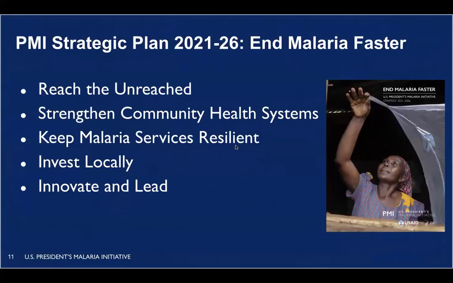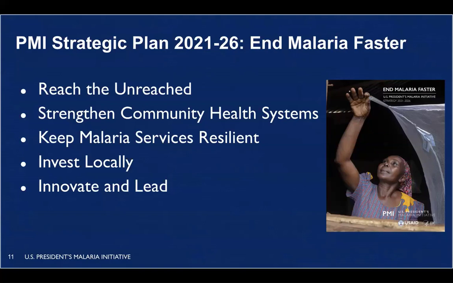PMI has recently released our strategic plan for 2021 to 2026. Key overarching program priorities within the new strategic plan include 5 focus areas. These are reaching the unreached, where we seek to achieve, sustain, and tailor use of high-quality, proven interventions with a focus on hard-to-reach populations. Strengthen community health systems with the goal to transform and extend community and frontline health systems.